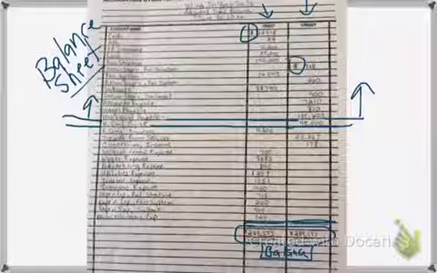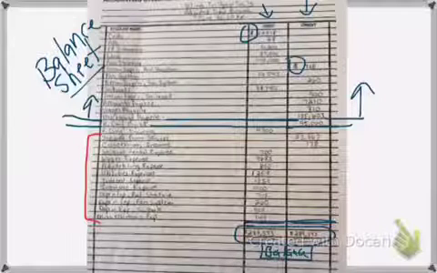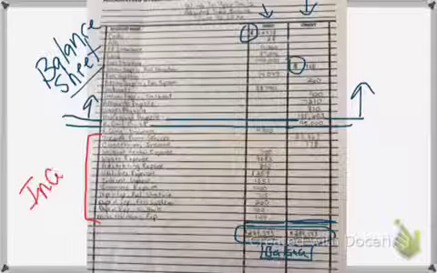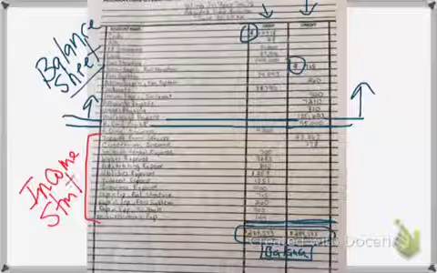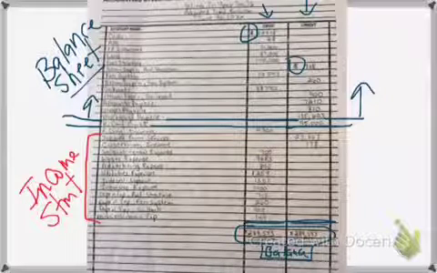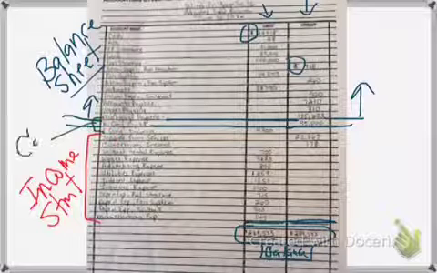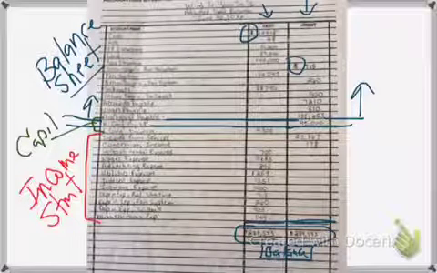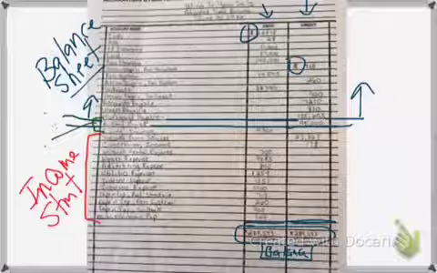The other sections that you are going to see is from income down. This is going to be your income statement. And then the other information that you see here, these two will actually be part of the owner's equity section.